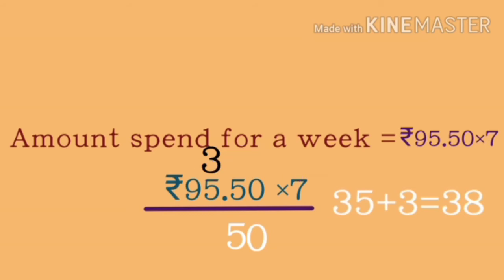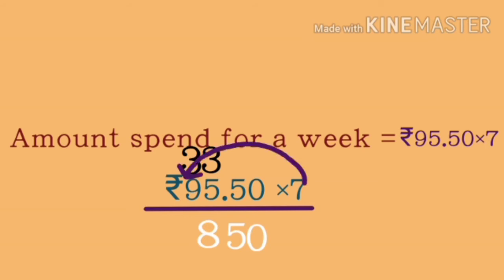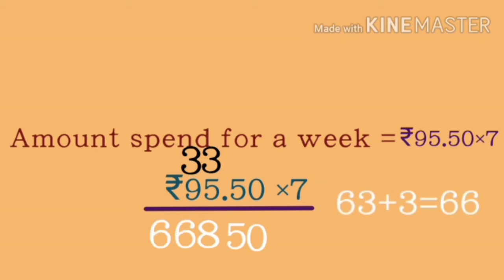Write 3 carry to the thousand place and write 8 in hundred place. Now multiply 9 into 7 is 63. Add 3 carry. 63 plus 3 is 66. Write in thousand place. So, keep the point on the right side of 2 digits of the product.